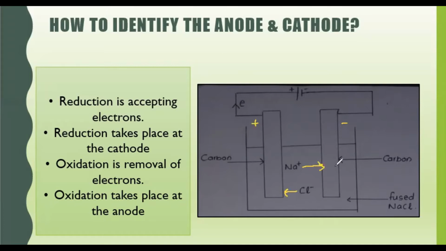It will go here, and you can see when we supply electricity, electrons are flowing from the positive electrode to the negative electrode. So these electrons will come and get embedded on this carbon rod. There will be electrons like this.